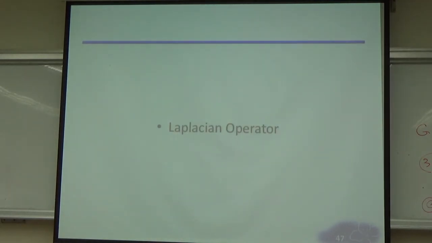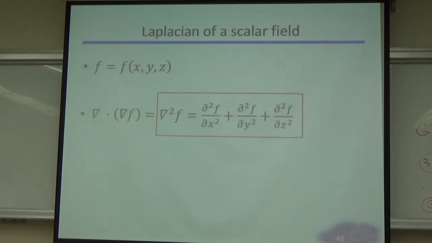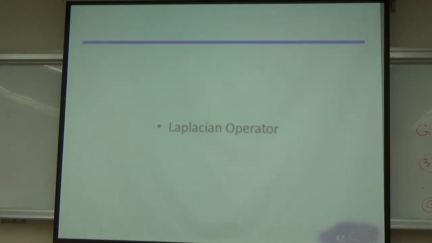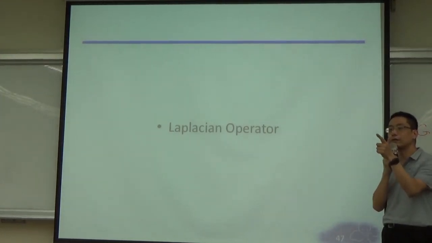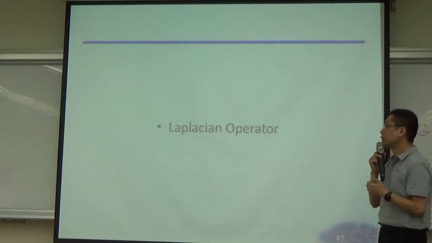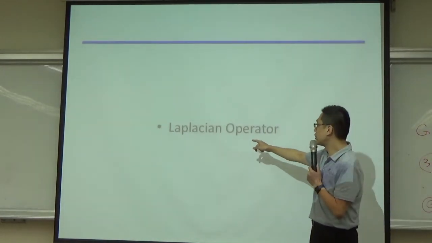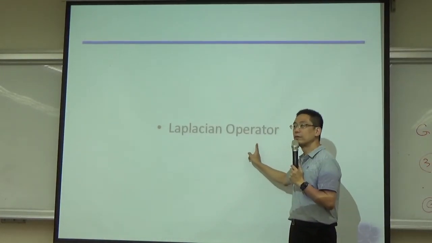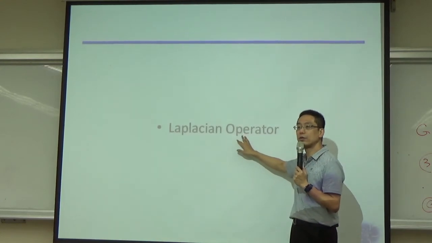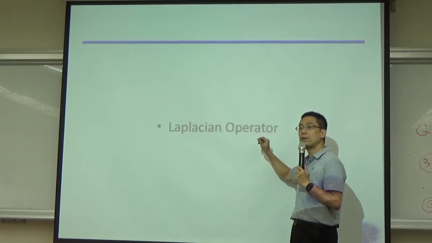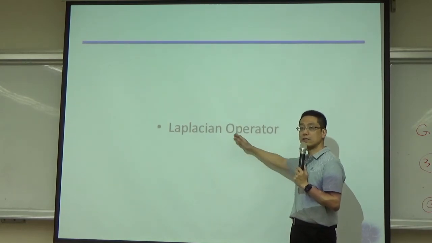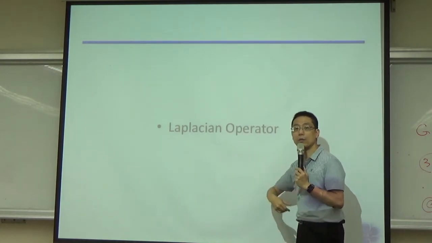how to learn. Okay, so there is something more difficult than gradient, than divergence and curl. This is the Laplacian operator. This one will show up in the wave equations. You will see this operator in the wave equation.